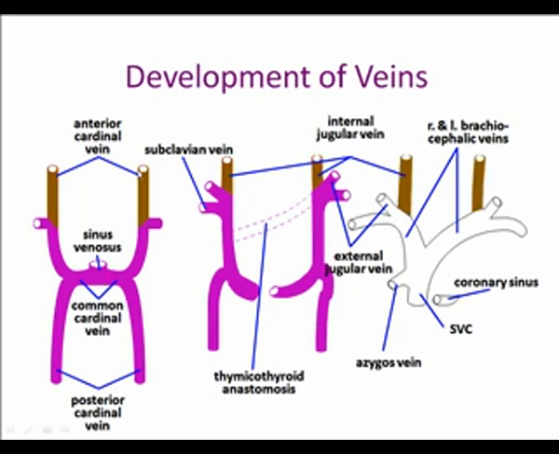And the anterior cardinal vein is going to give rise to the internal jugular, and the subclavian is going to arise as the corresponding intersegmental vein here that'll give rise to the subclavian vein, and then a new vessel will give rise to the external jugular vein.